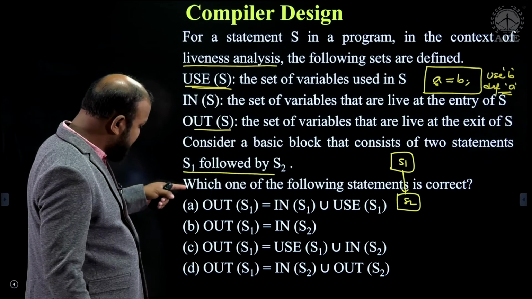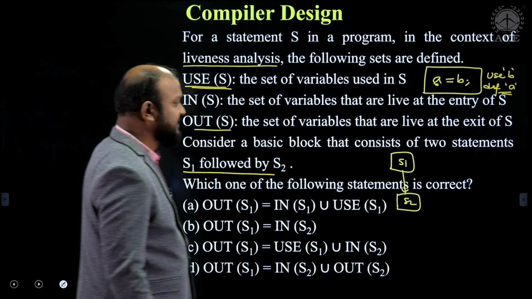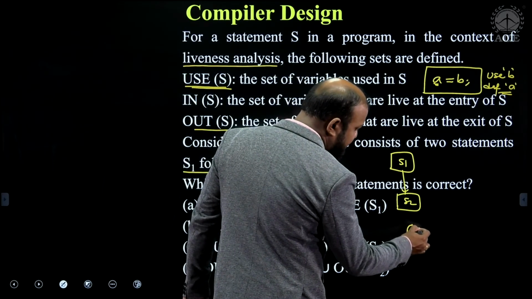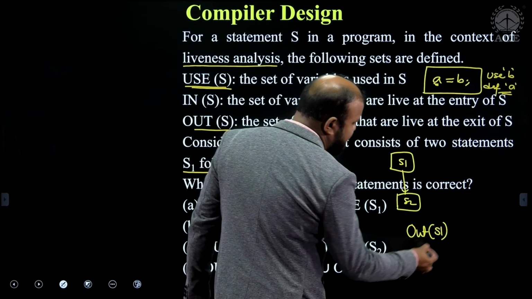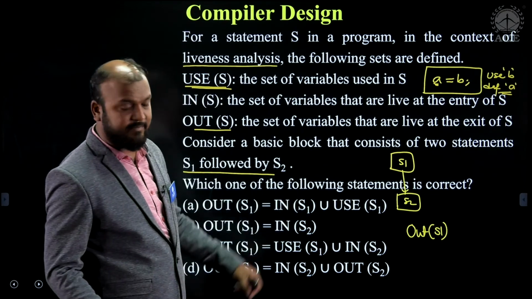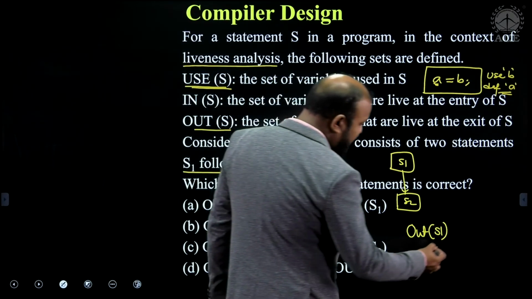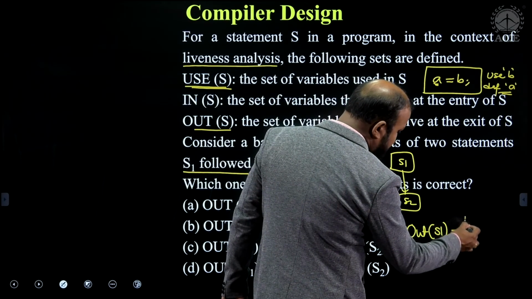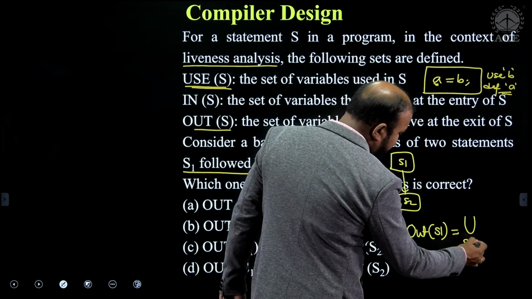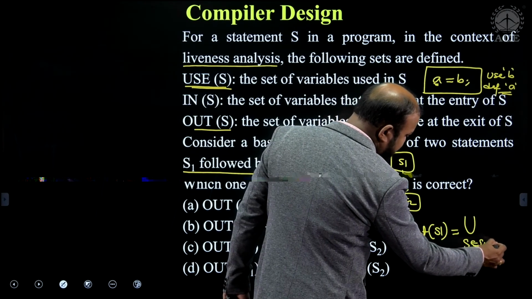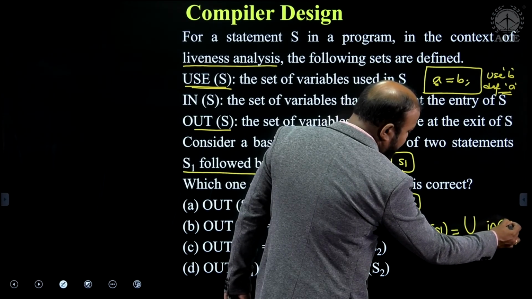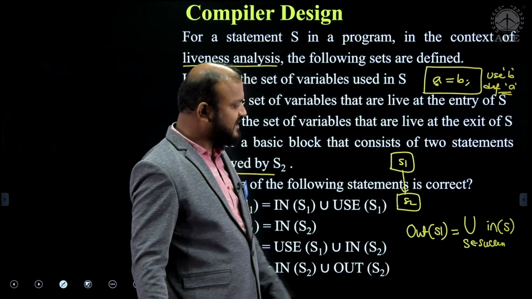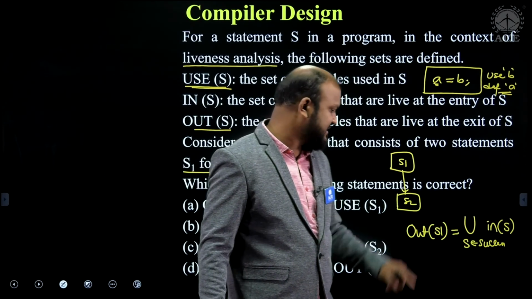The options are to find the out of S1. It is a direct answer based on the liveness analysis of basic blocks. Out of S1 equals union of in of S, for S belonging to all successors.